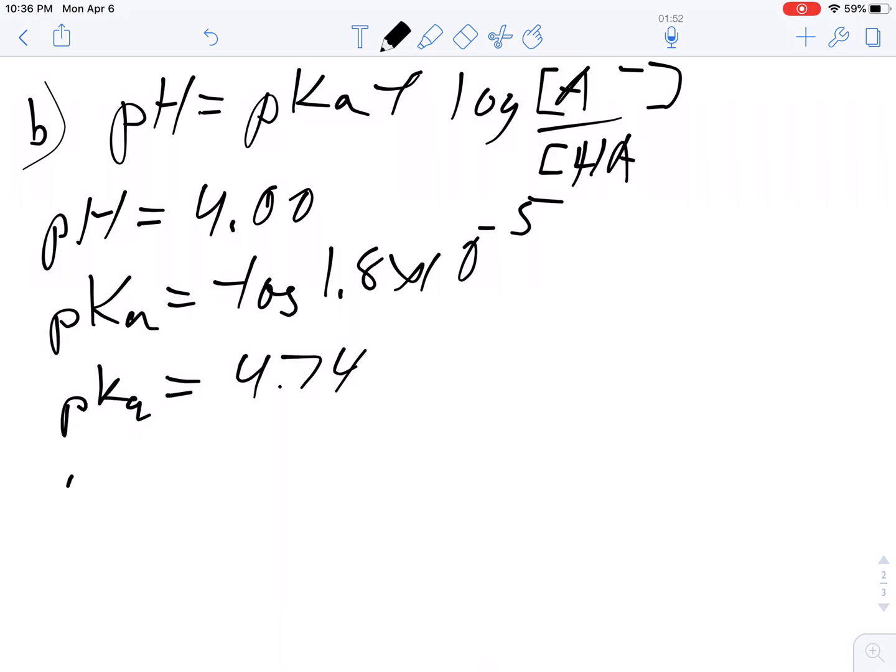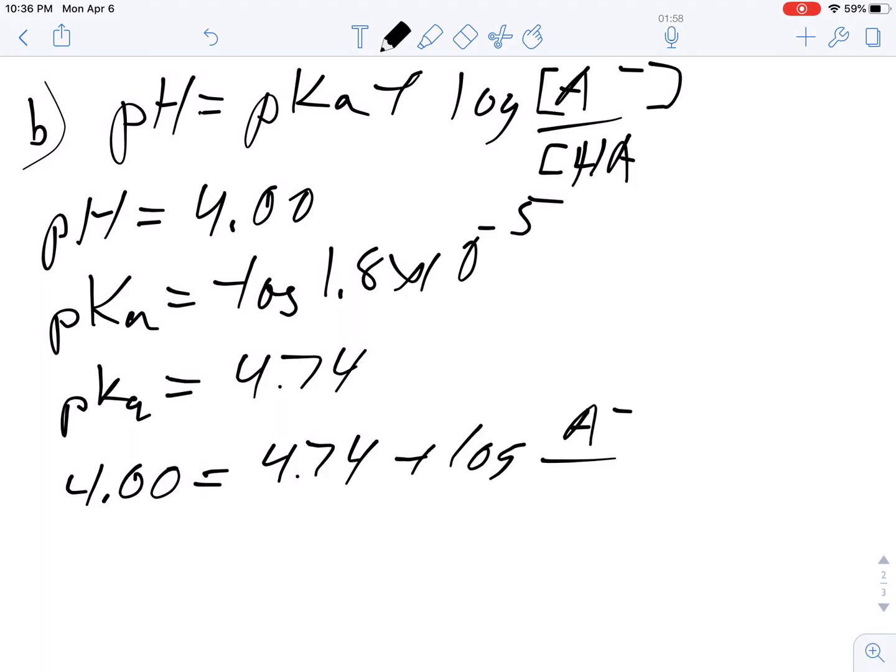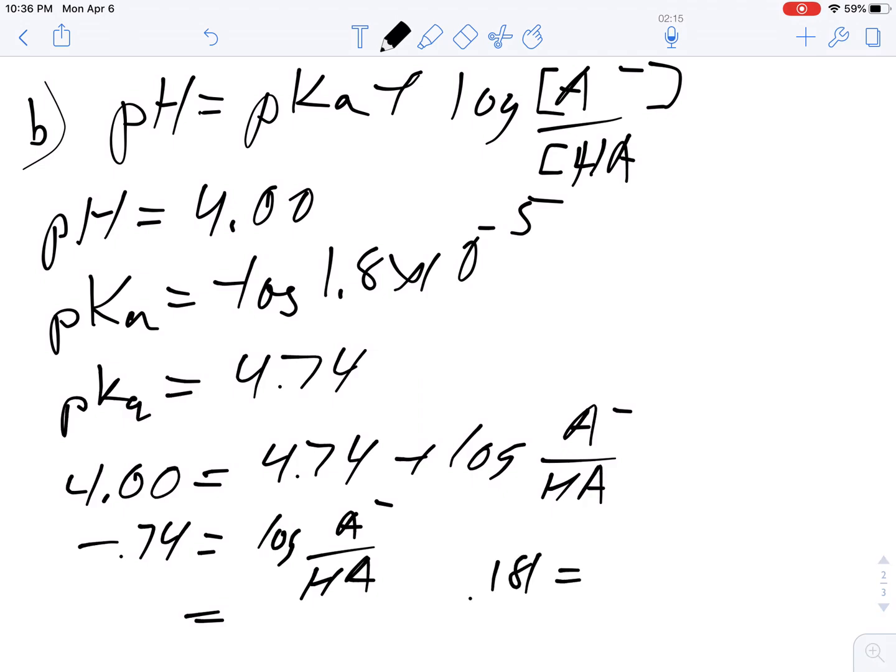So I plug in my numbers, and end up with the ratio of 0.181.